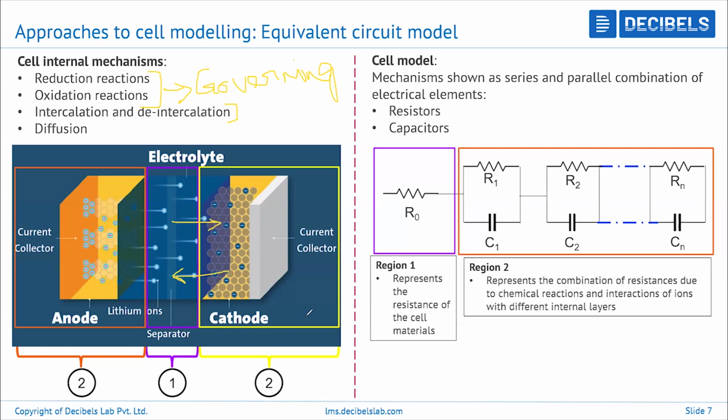So this also contributes to the mechanisms within the cell, and then there is diffusion. Diffusion is basically the complete absorption of the ion into the internal structure. You can see very small gaps over here within the structure. These gaps are provided so that the ions can sit there and get converted into atoms.